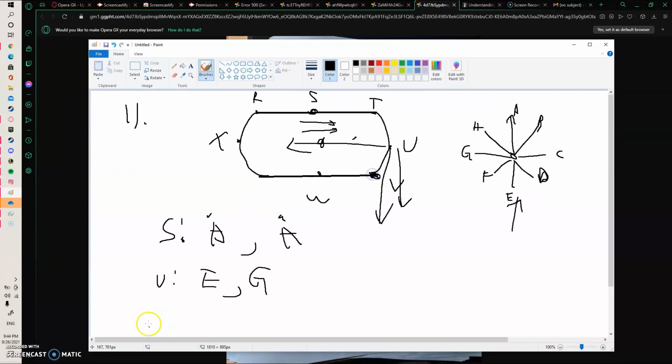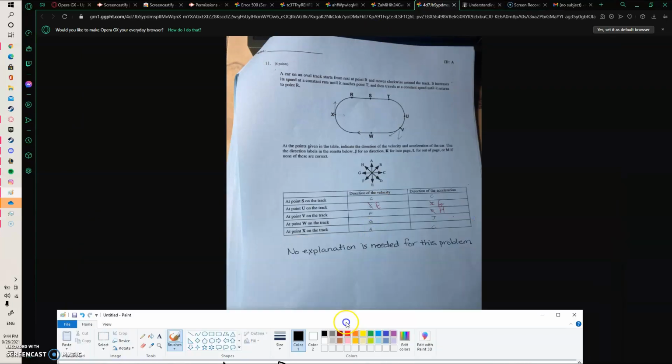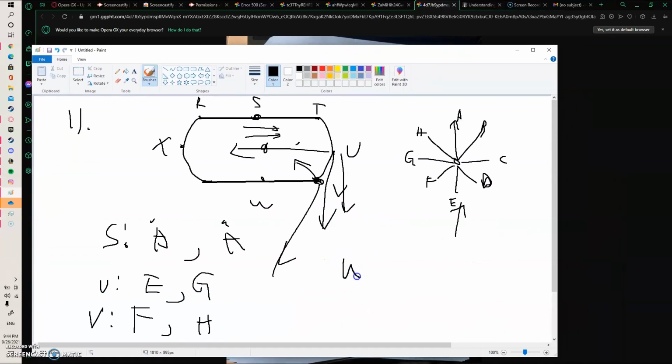And for point V as well, the velocity is pointed around this way, so the velocity would be around F, and then the acceleration pointed towards the middle would actually be at H, which should be the correct answer.